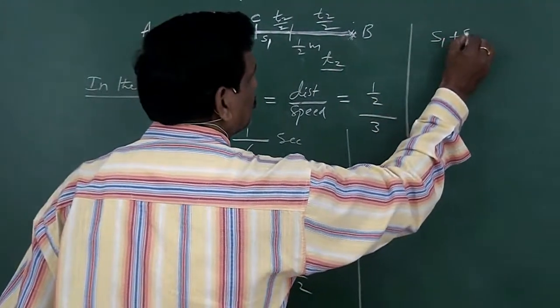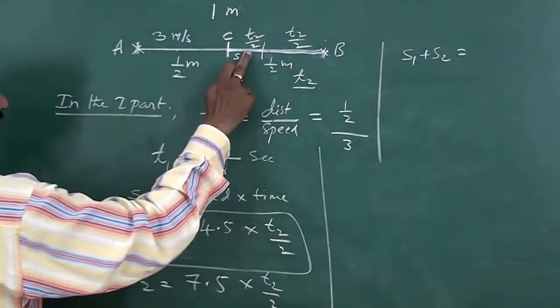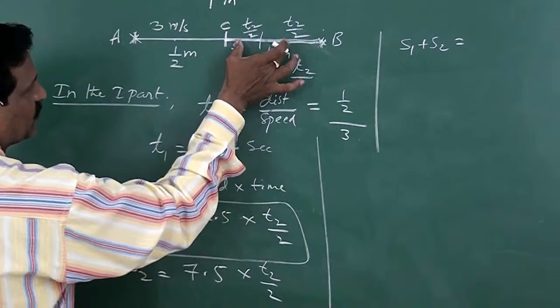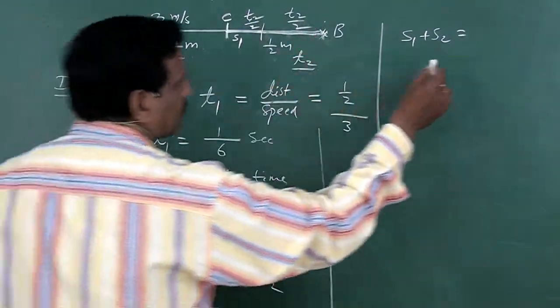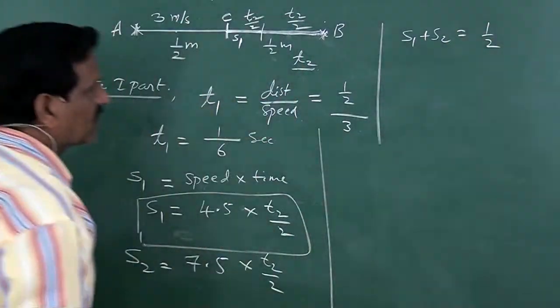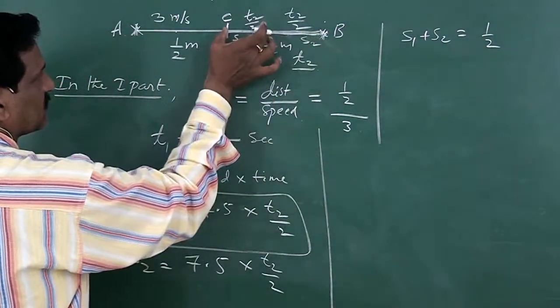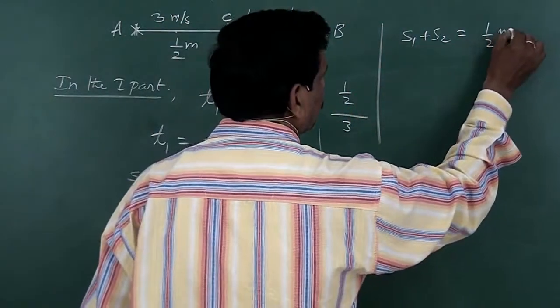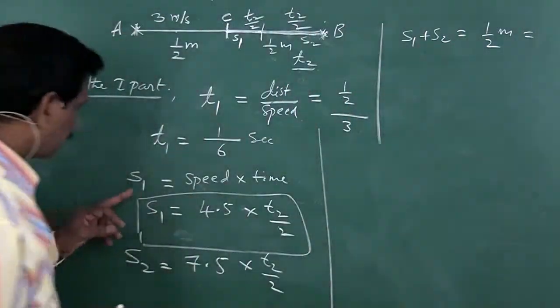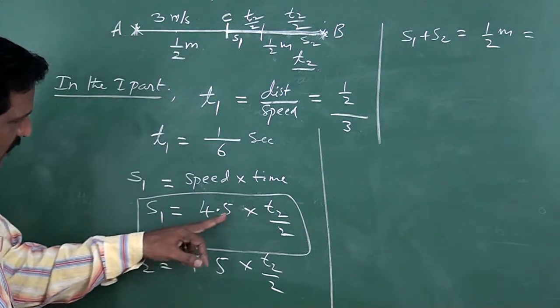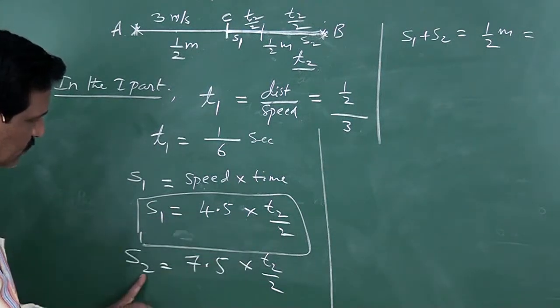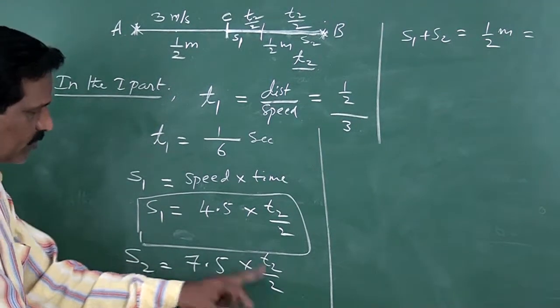S1 plus S2 is half meter. And from these two, S1 is 4.5 into T2 by 2, and S2 is 7.5 into T2 by 2.